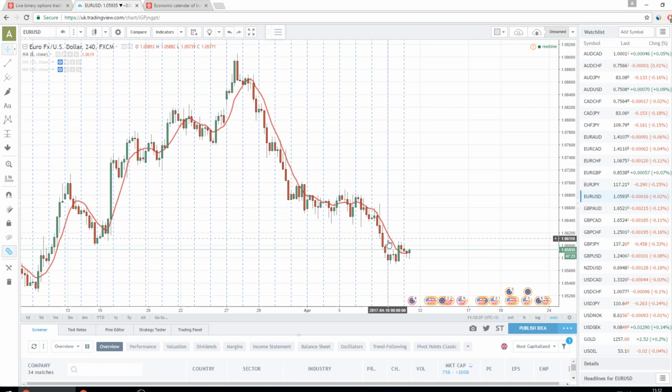What do we see here? In the current Euro-American dollar situation, we see that the trend was going down, and after that the price crossed the moving average, crossed the candles.